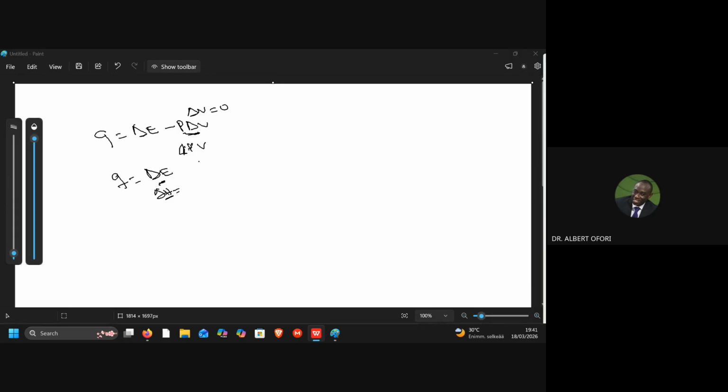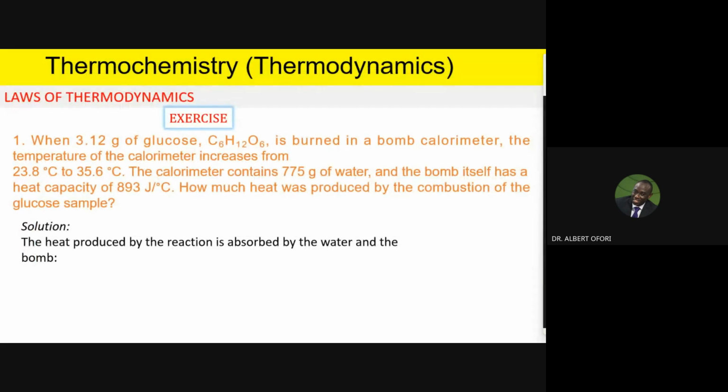Just look at the sample here. This is another example. This is a reaction type, and it says that we have a reaction of glucose, which is going to be used as the bomb. And then we have a temperature of the calorimeter rising from this initial to that final.